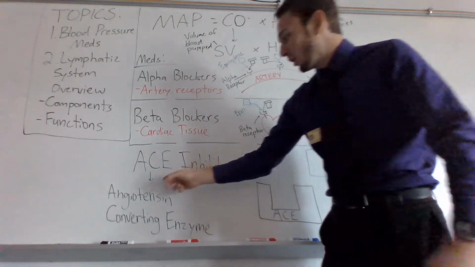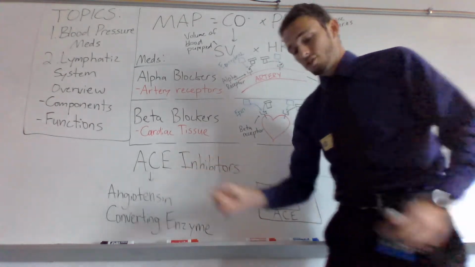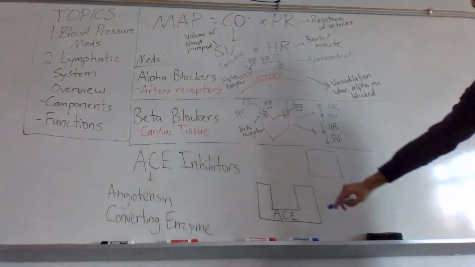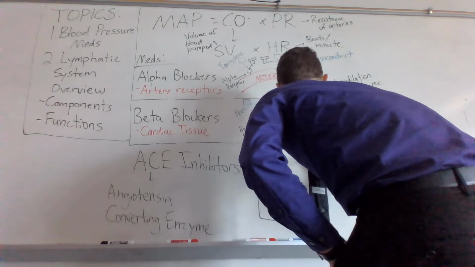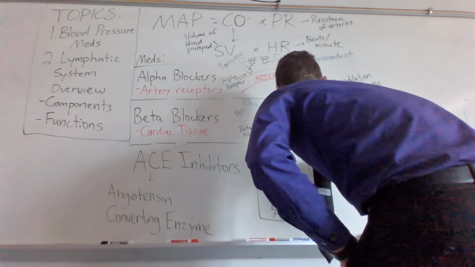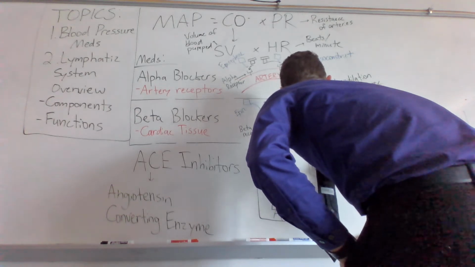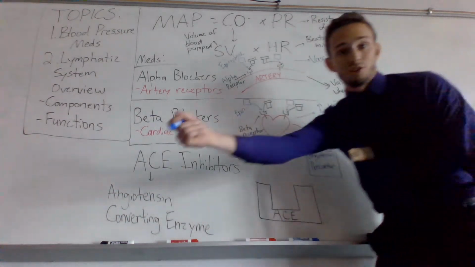So we want to inhibit this enzyme from converting things to angiotensin. So what I have here, this is going to be the angiotensin converting enzyme. This is going to be an angiotensin precursor. So the precursor is going to go into the enzyme normally and get converted into angiotensin.